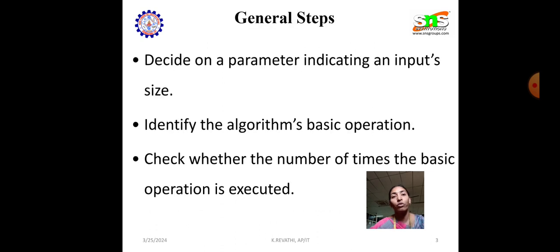First, we have to know about the general steps followed for analyzing a recursive algorithm. Decide on a parameter indicating an input size of n. Then the second step is to identify the algorithm's basic operation. Then the third step is to check whether the number of times the basic operation is executed depends on the input size.